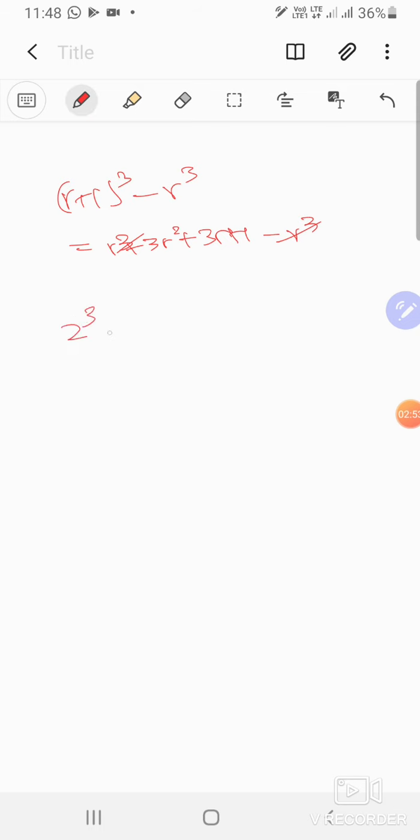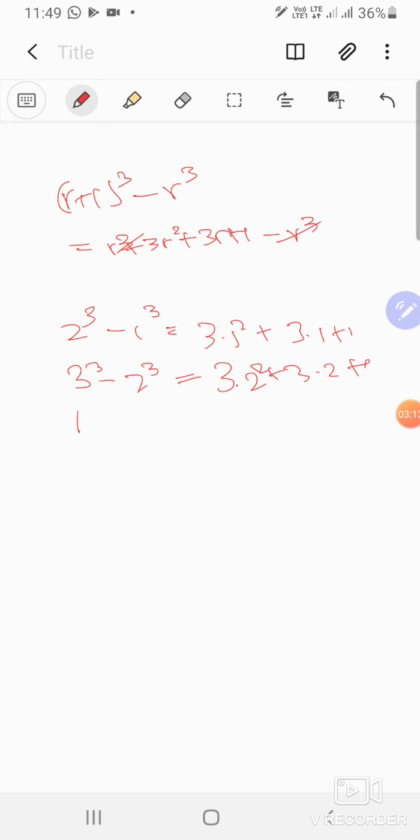So you get 2 cubed minus 1 cubed, that is equal to 3 times 1 squared plus 3 times 1 plus 1. Then you get 3 cubed minus 2 cubed when you put the value of r as 2, that is equal to 3 times 2 squared plus 3 times 2 plus 1.